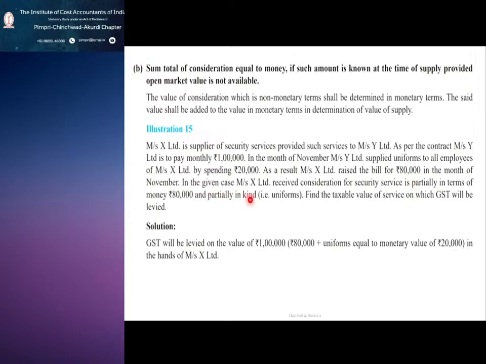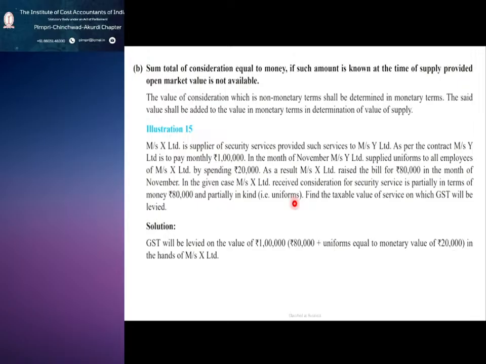In the given case, X Limited received consideration for the security service partially in terms of money, 80,000, and partially in kind, that is uniforms. Find the taxable value of service on which GST will be levied.